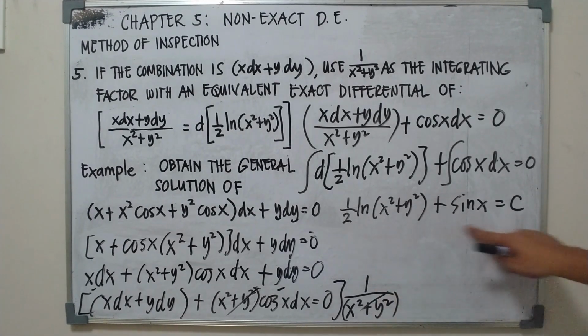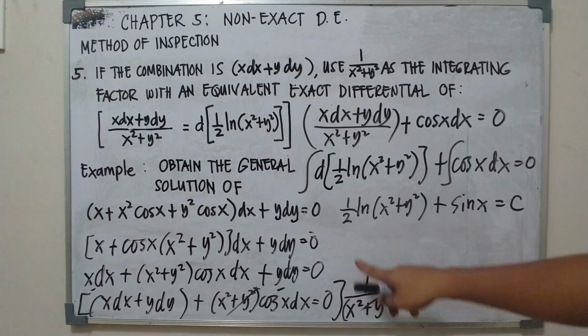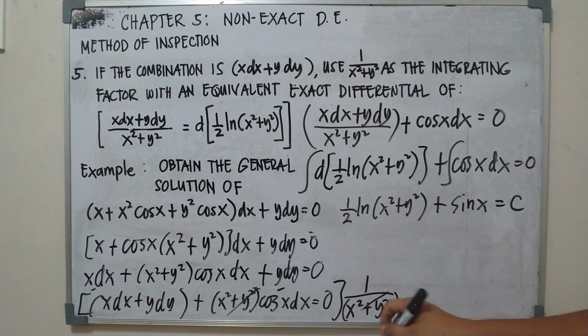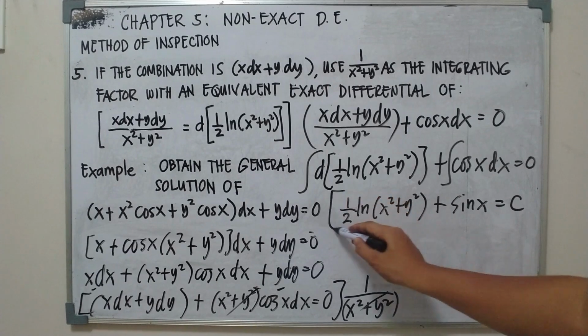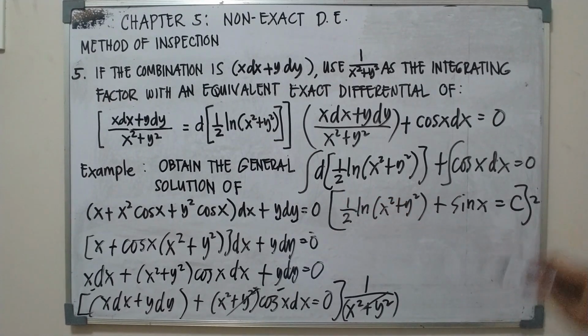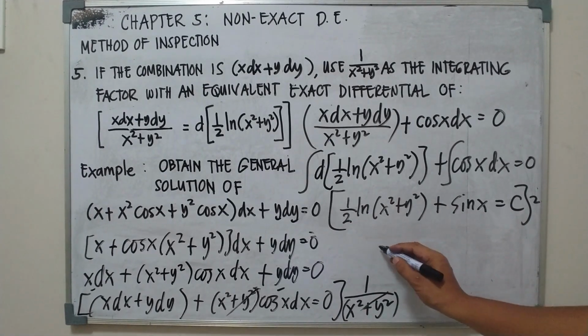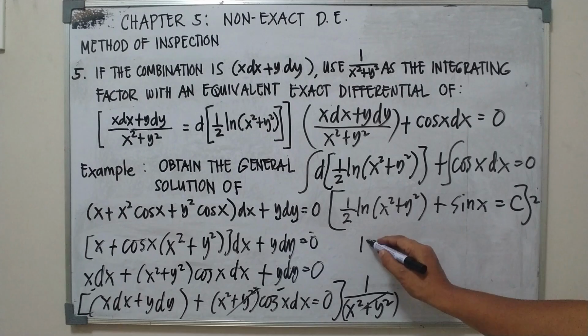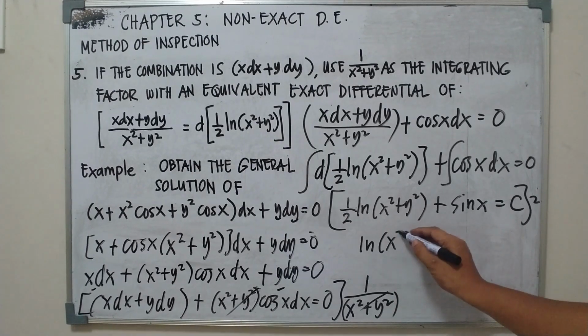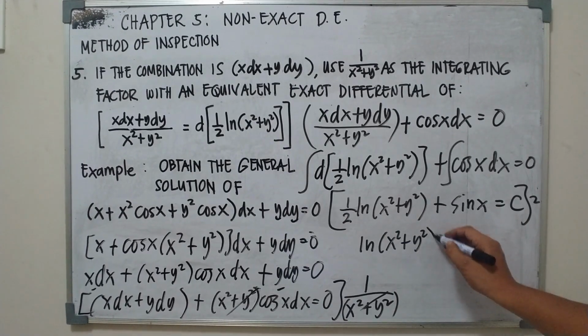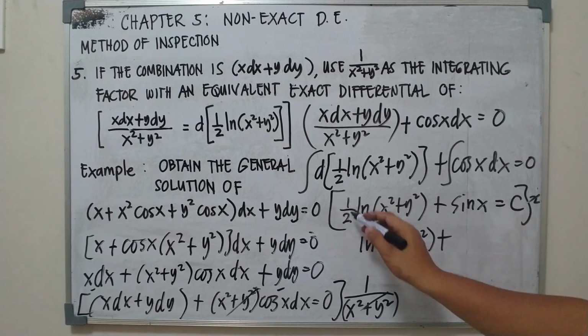We can simplify this. So, meron tayong 1/2 dito. Pwede natin itong i-multiply both side by 2. Diba? Multiply by 2 para mawala yung ating fraction dito. So, this is now equals to ln of x squared plus y squared plus cancel na yung tumo dito, diba?